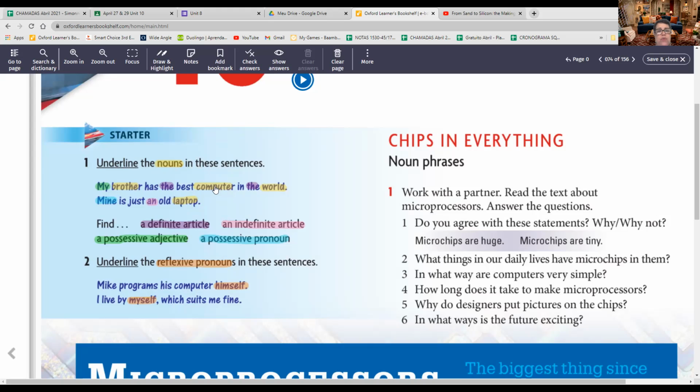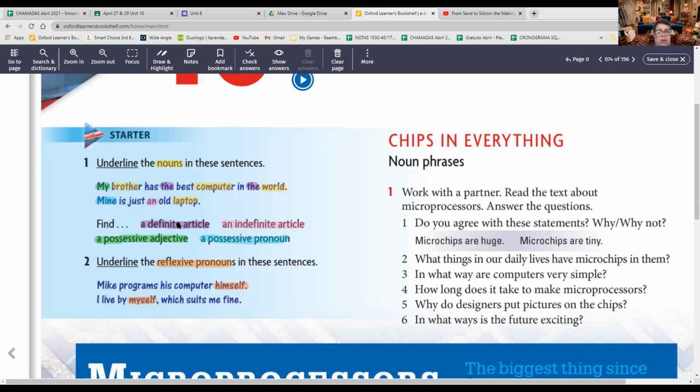So I've already highlighted them for you, okay? So the nouns in these sentences are brother, computer, world, and laptop, okay? They are the nouns. Now find a definite article.